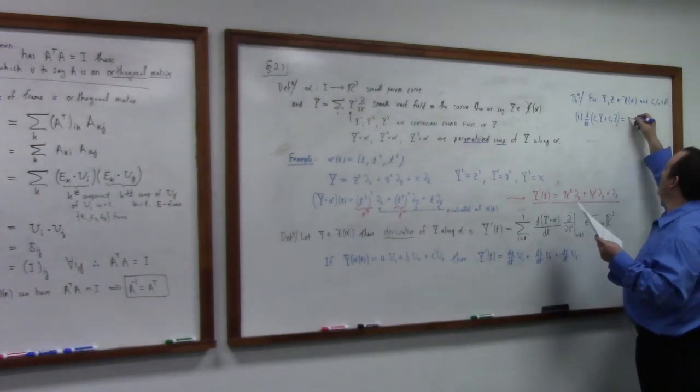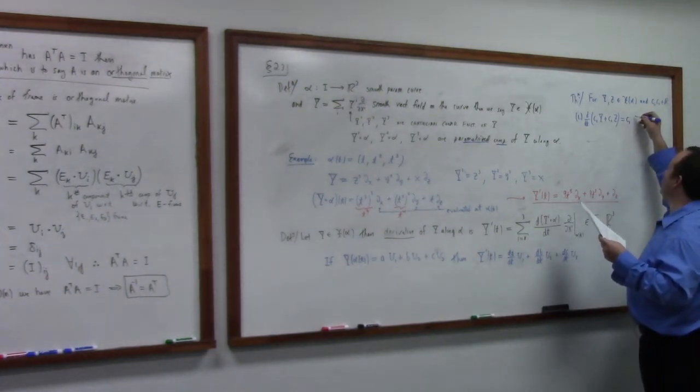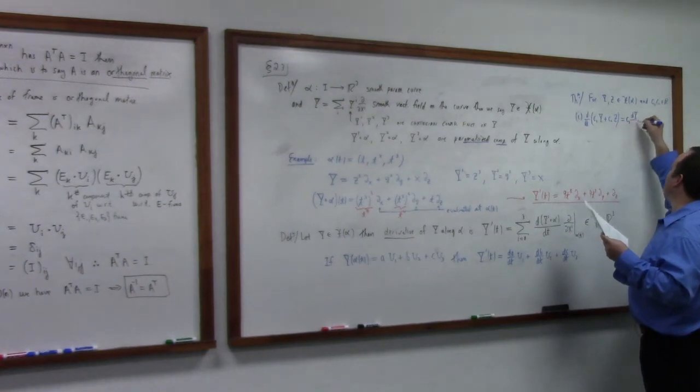Really, we're just omitting a composition with alpha in some sense here, so it's not that bad a notation.